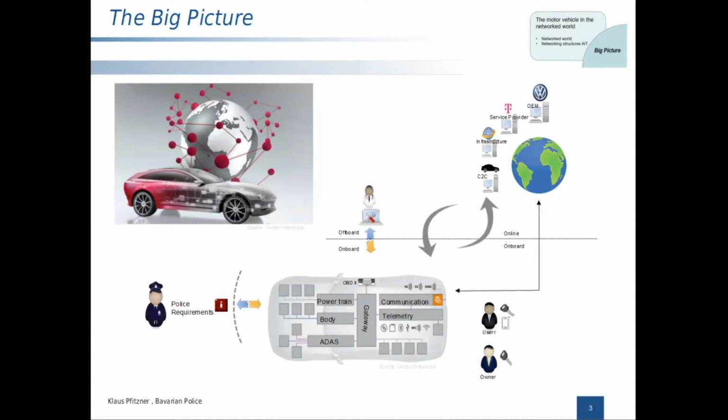One point we want to look at here is the procurement, especially the equipment of the police vehicle with the necessary requirements and interfaces for a modern motor vehicle. An elementary perspective is IT security and the functional safety of the resource.